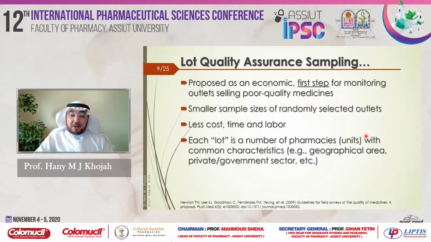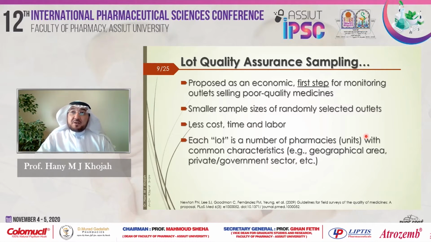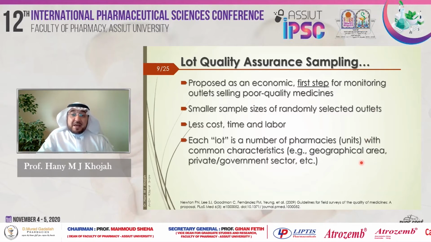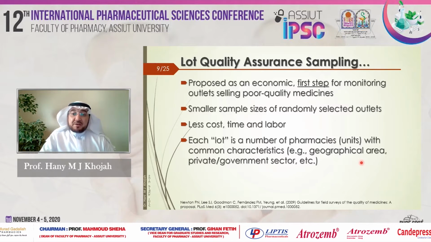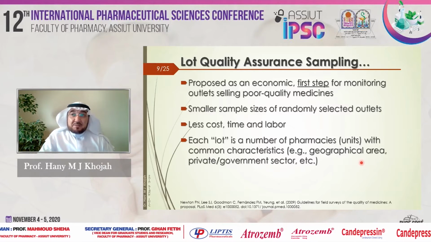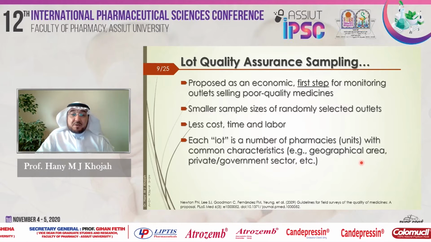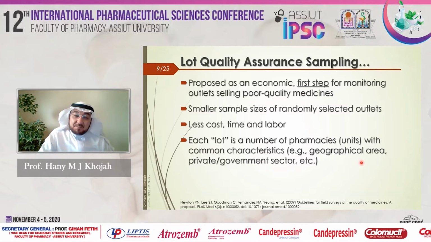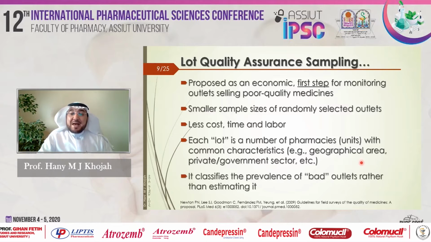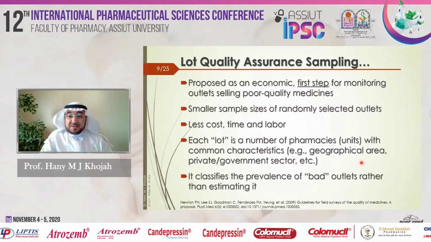But when we apply LQAS in sampling for the quality of medicine in the market, the lot here is not the product, it's not the medicine. The lot here is the number of pharmacies, or we call them the units, with common characteristics, like they are within the same geographic area, or they all belong to the private or to the government sector, whatever my classification is. So the lot here is the pharmacies, it's not a batch of products. This method actually classifies the prevalence of bad outlets, those outlets or pharmacies that sell low quality or counterfeit medicines.